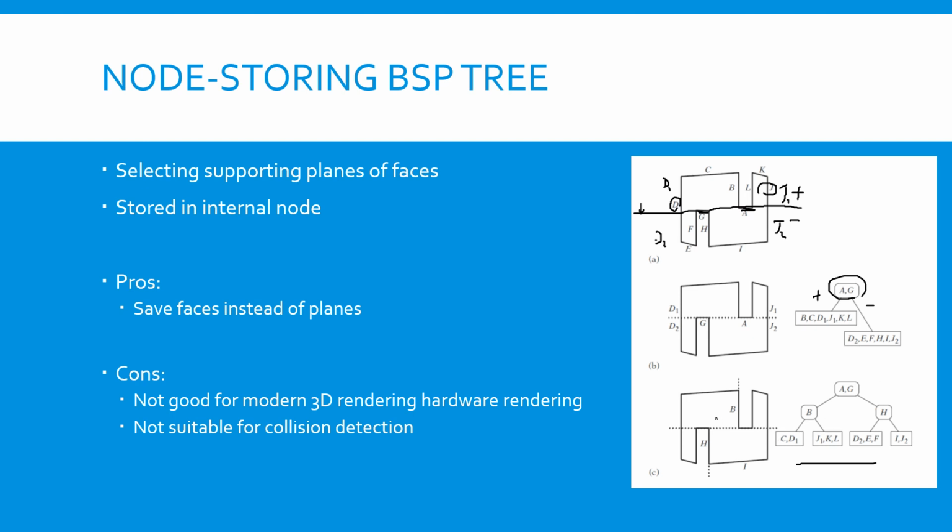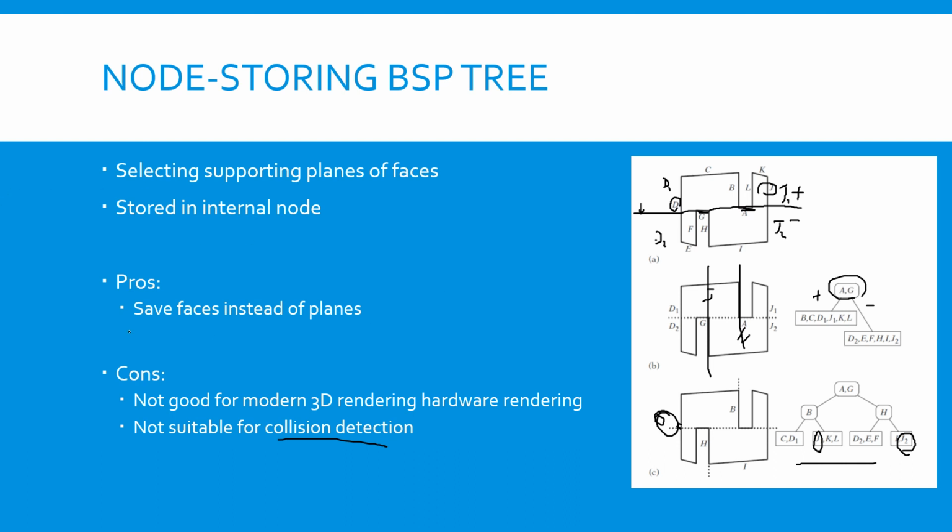When we further divide by this plane and this plane, the lower part and the upper part, J1 and J2 end up totally different in the tree structure. So this is very bad for collision detection, because if an object hits D, we don't know which node we should go through.